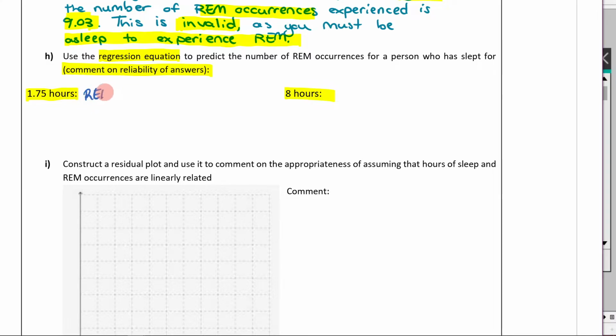So REM is equal to 9.03 plus 4.61 times. And now this is where we're going to substitute in what they've given us, 1.75. You would then get your CAS calculator and put this into your CAS. And when you do that, the answer that you're going to get out is 17.0975.